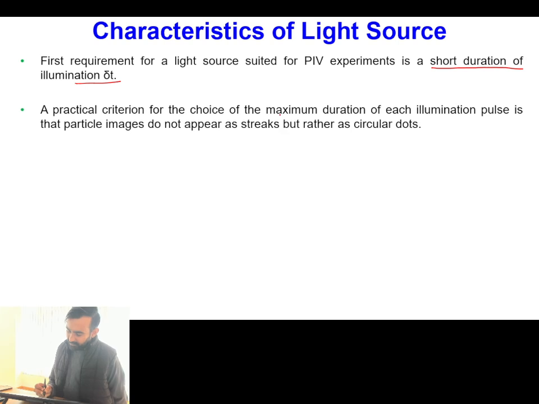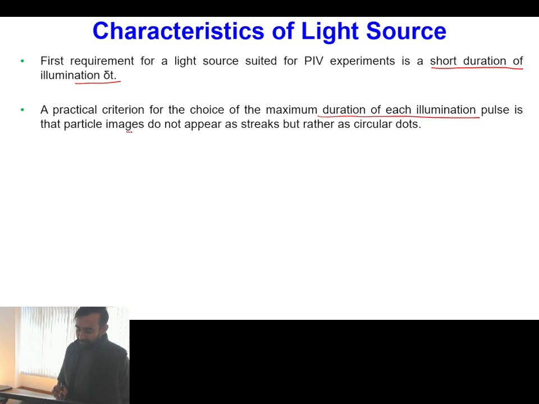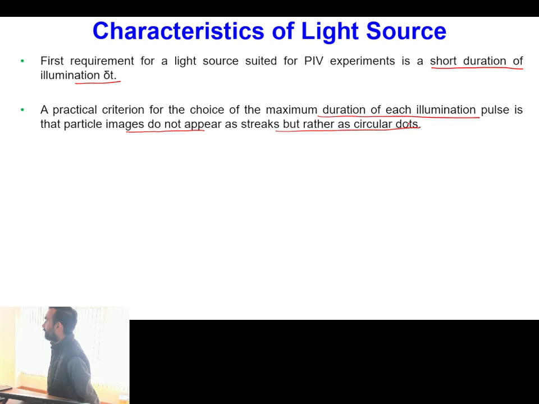So the practical criterion for the choice of maximum duration is that particle images do not appear as streaks, but should appear as a circular dot. Okay, so it should not appear something like this. It should appear simply as a dot.